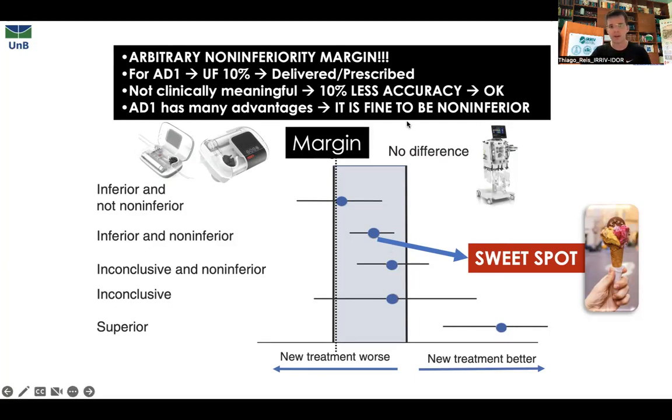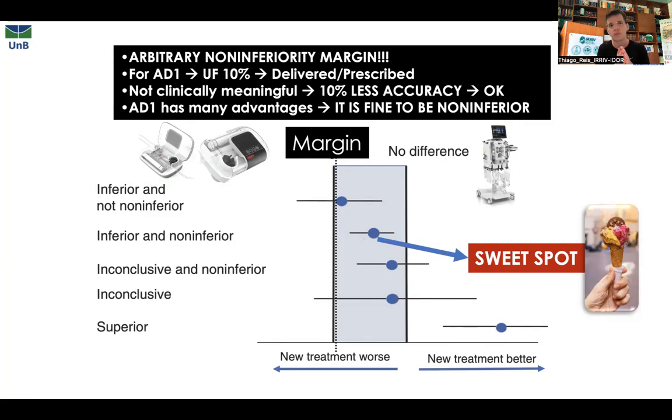To represent this concept of non-inferiority, let's return to the same forest plot. So here we have the line of 1, and if the results are here, it means that Prismax is better. If the results cross the bar, AD1 would be better. As I said, I probably know that AD1 is worse, is not so precise as Prismax.